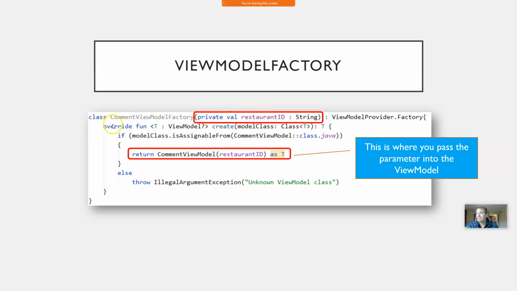And then this method of create, it's all the same every time. The only thing you really have to do here is call your view model and pass in your ID or whatever you want to pass in. So those are the two things that change.